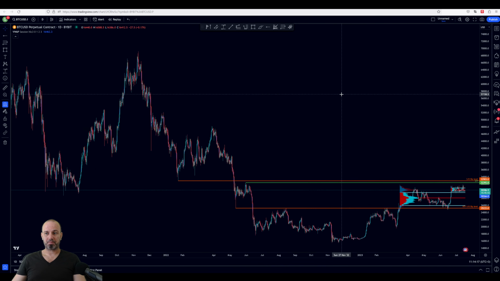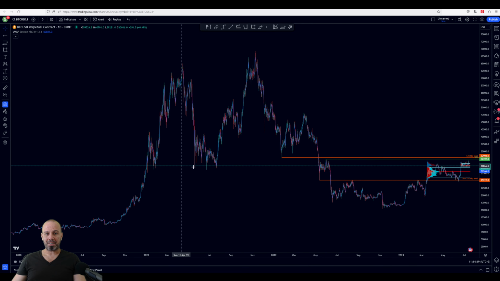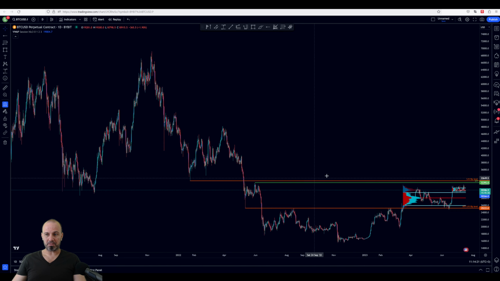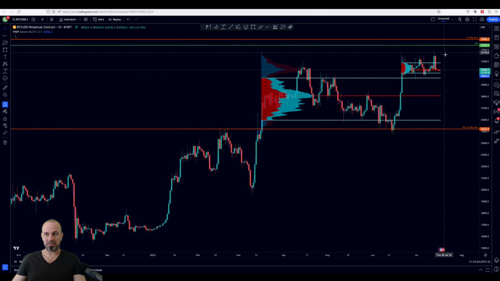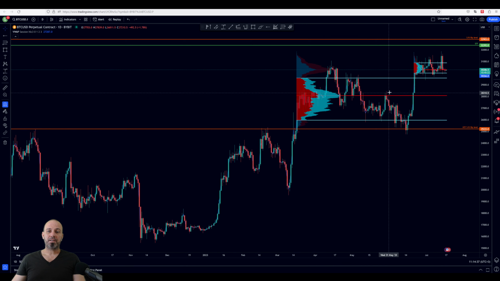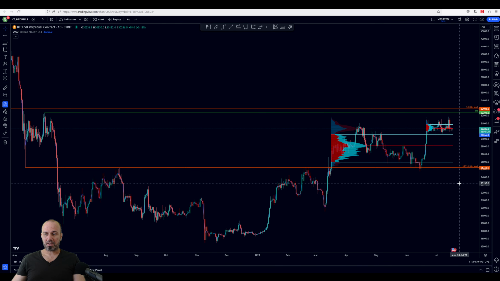So, to recap this, we are on a high time frame SNR flip levels. We do have levels to the upside, between 32,900 and 32,392. So those are the next areas, the next levels to be aware of to the upside, right? Then this, the 25K area, 25,222. This is our current high time frame support, and it's easy to see this, right? So it was resistance, and now it is support.